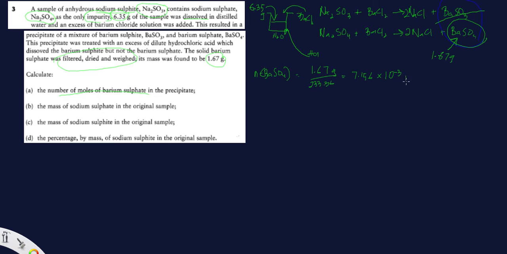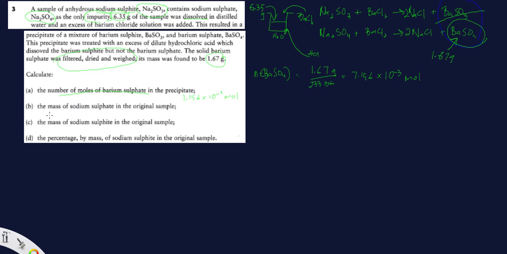Please remember it's key to maintain at least 3 significant figures. That's the answer for part A, so I'll write it down here as well: 7.156 times 10 to the power of -3 mole. Don't forget the unit.